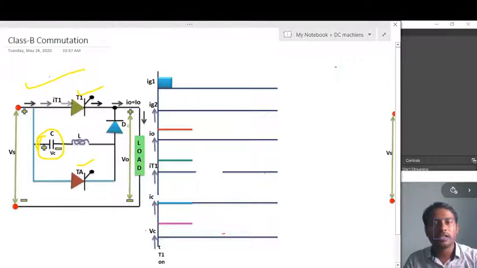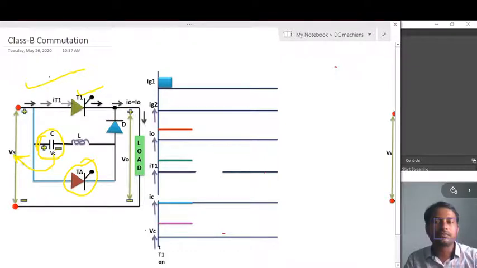Here a diode is used. Whatever voltage we charge the capacitor to is equal to the supply voltage.